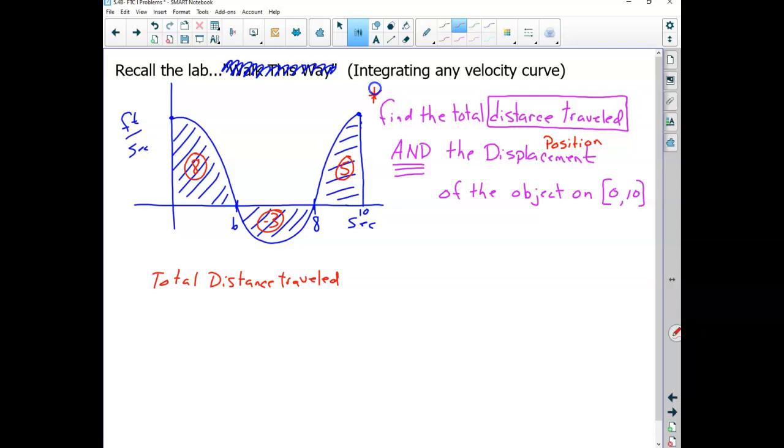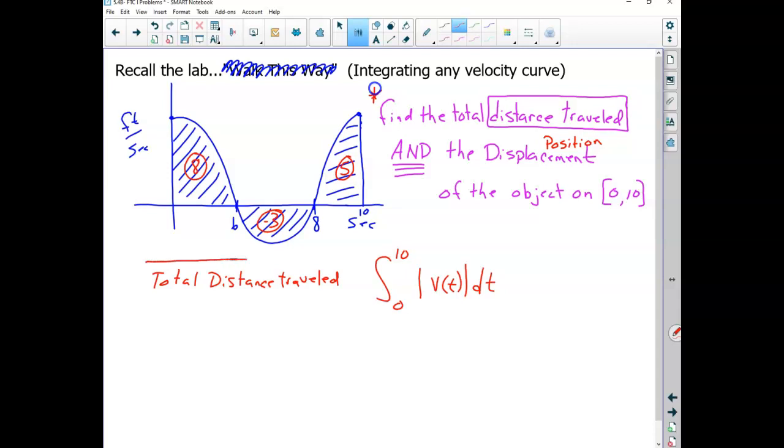If you leave school, you forgot your book, so 2 miles into the trip you had to turn around and go back home and then come back to school. What was your total distance traveled? Well, it's not just the distance from your house to school because you turned around and came back. You backtracked in there. So your total distance traveled is going to be from 0 to 10, and the easiest way to do it is the absolute value of your velocity function with respect to time.